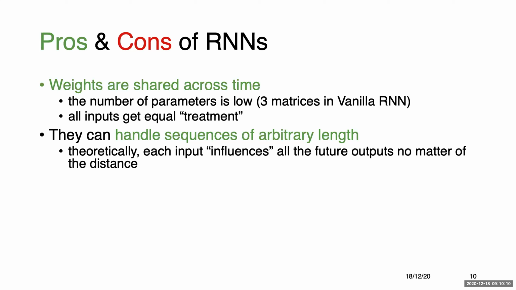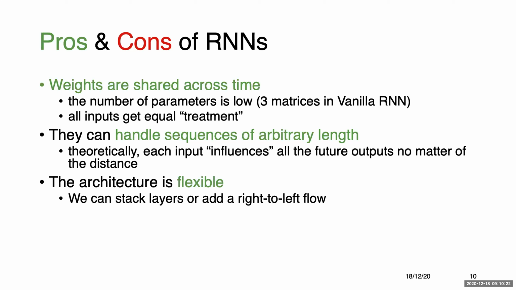So theoretically, each input is going to have an influence on every future output down the chain. And also, as I showed you, the architecture is very flexible. You can stack layers, and it's very easy. Actually, in PyTorch, you can just say number of layers equal to something, and then it builds the network for you.